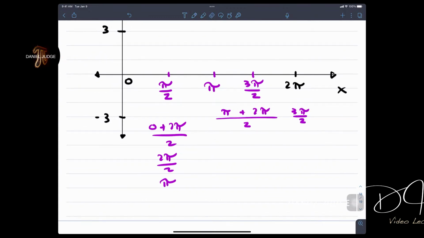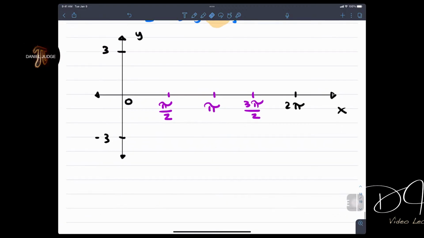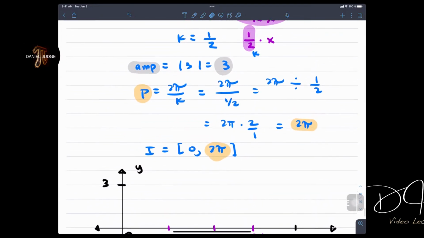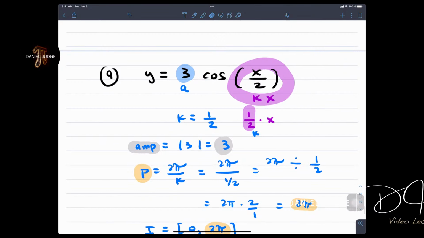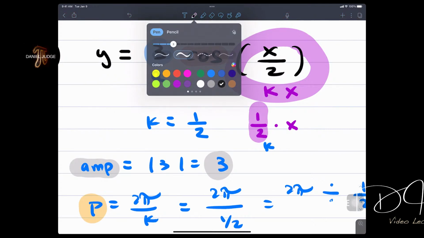So, ladies and gentlemen, here you go. We now have to recall, what curve are we drawing? We're going to draw the what? Cosine curve. So you have to know how cosine behaves.